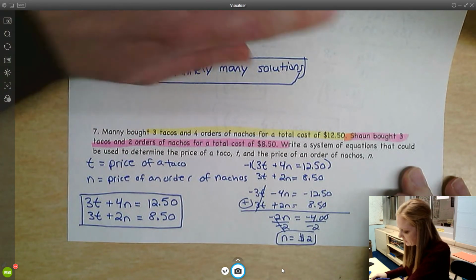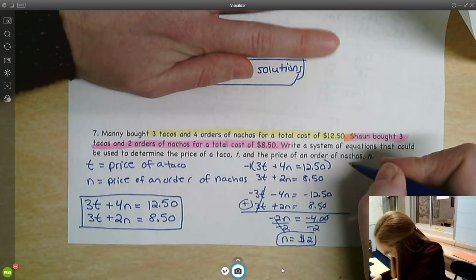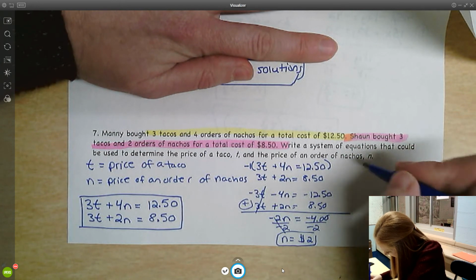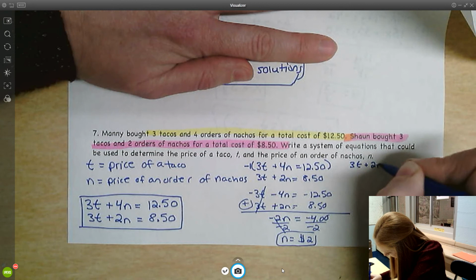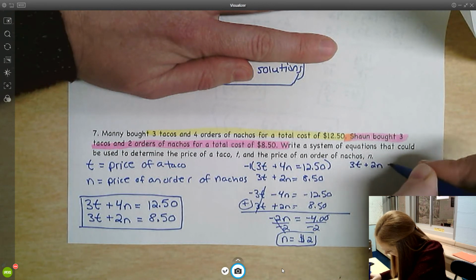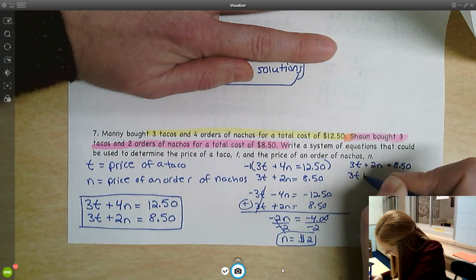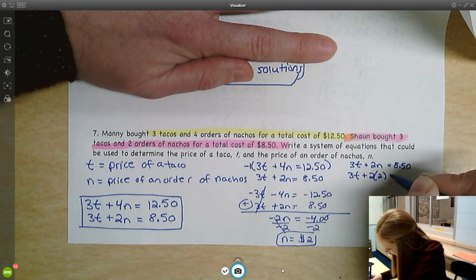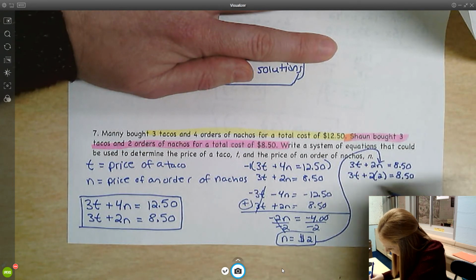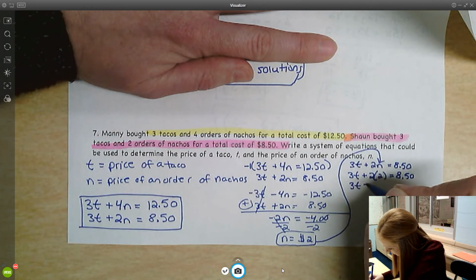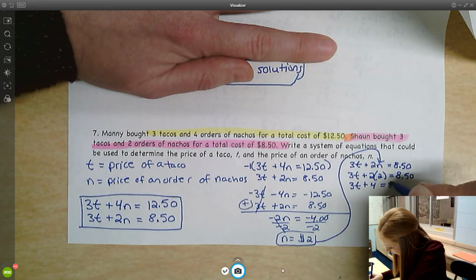Now we have to find the price of a taco. So let's rewrite one of the originals. I'm going to do the smaller one. 3t plus 2n equals 850. Let's plug in 2 for n and solve for t. 2 times 2 is 4, minus 4 on both sides.